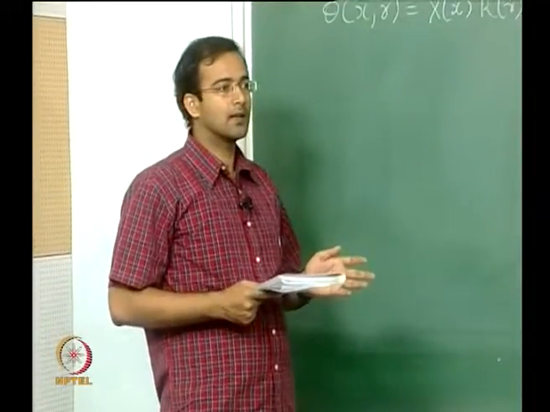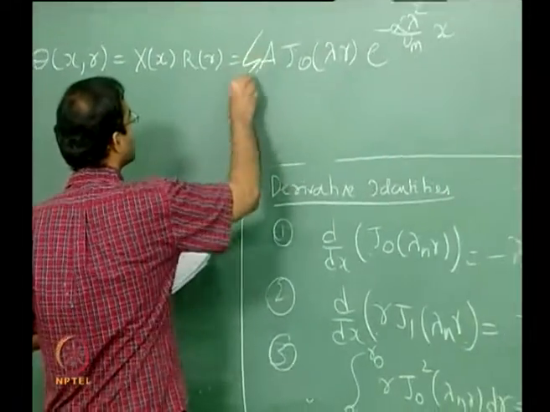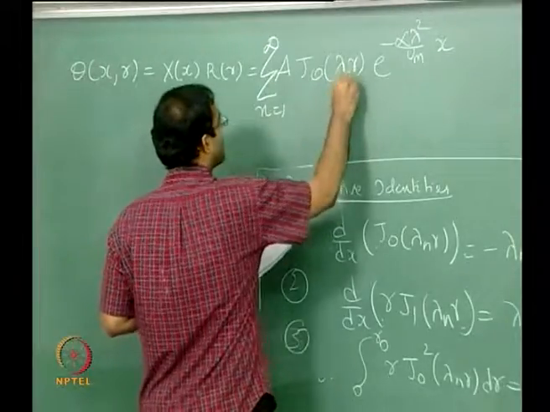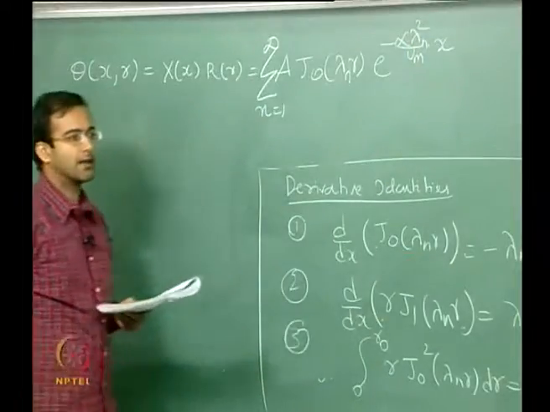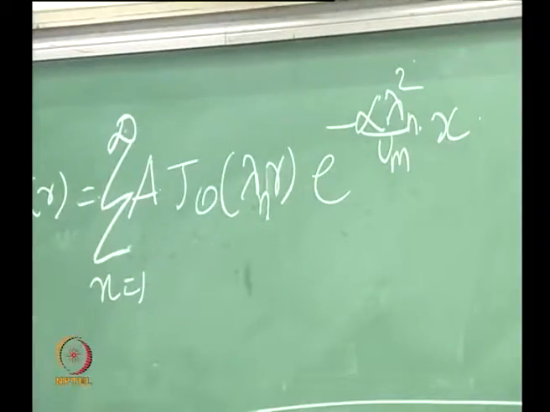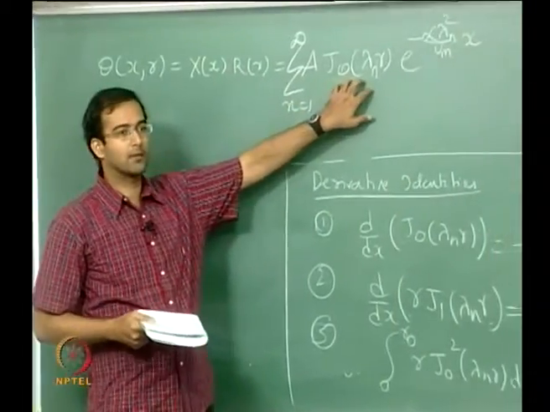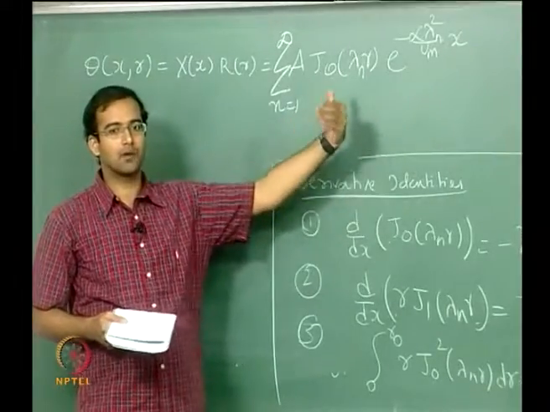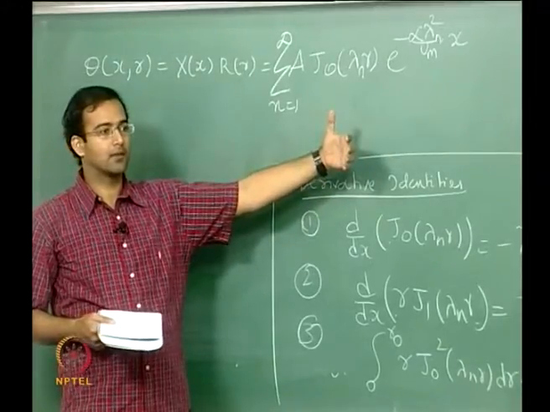You assume that they are all linearly superposed, and you can denote your final solution as a summation from n equal to 1 to infinity, with lambda_n. This is a linear superposition of all your solutions for different values of eigenvalues. For each eigenvalue you have a particular Bessel function and a particular exponential term. For each lambda 1, lambda 2, lambda 3, you get the values, sum them up, and that gives you the final value of theta.